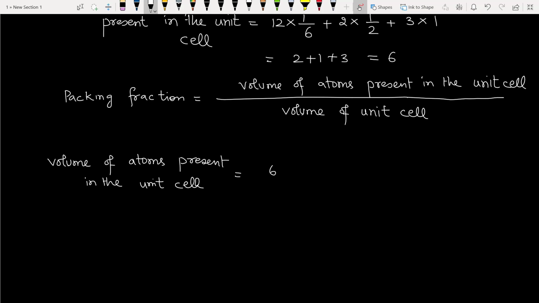So 6 atoms, volume of one atom is 4 by 3 pi r cube, because they are spherical in shape.